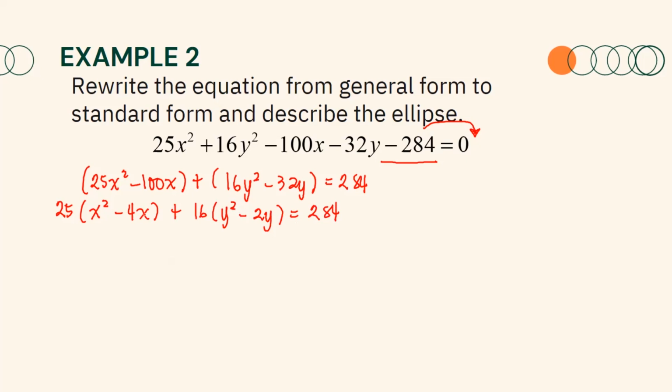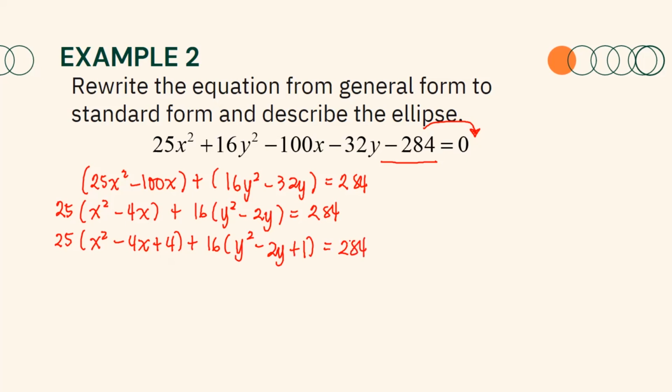Then, let us do completing the square on these two binomials. So, 4 divided by 2 is 2, squared is 4. So we will have 25(x² minus 4x plus 4) plus 16(y² minus 2y plus 1), where 2 divided by 2 is 1, squared equals 1, equals 284.